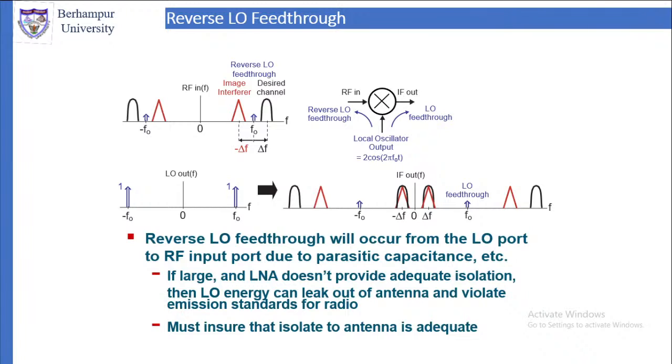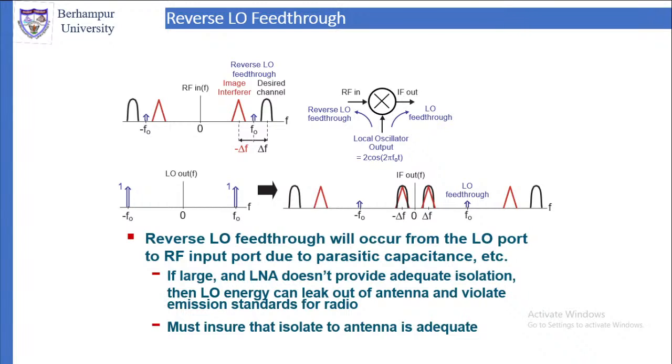Then there is another thing which is called the reverse LO feed through. LO feed through towards the IF output is called the LO feed through. LO feed through towards the RF input is called the reverse LO feed through. So this is the only difference. The reverse LO feed through will occur from the LO port to the RF input port, again due to parasitic capacitances.